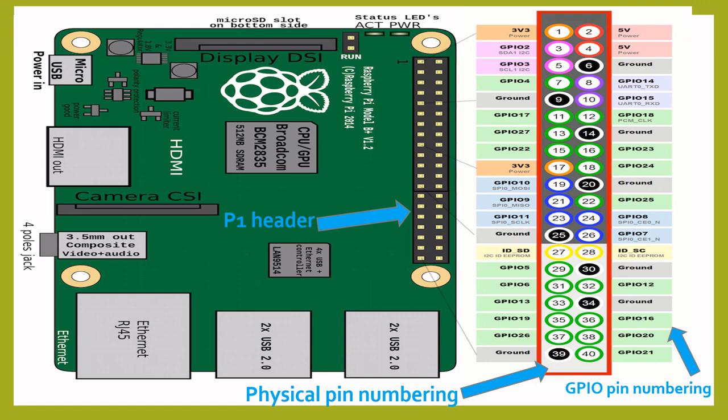So this is the difference between physical pin numbering and GPIO numbering. I will repeat, GPIO pin numbering always refers to the Broadcom SoC pins, and physical pin numbers refer to the P1 header of Raspberry Pi.